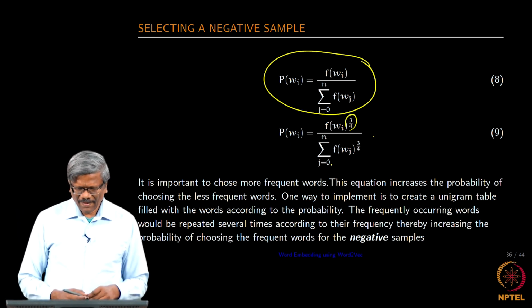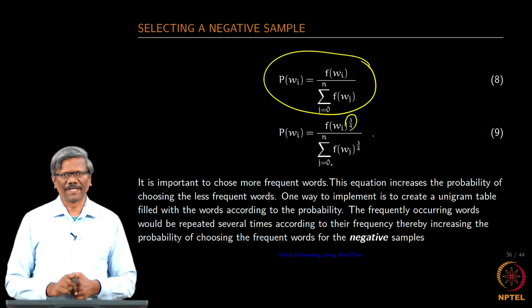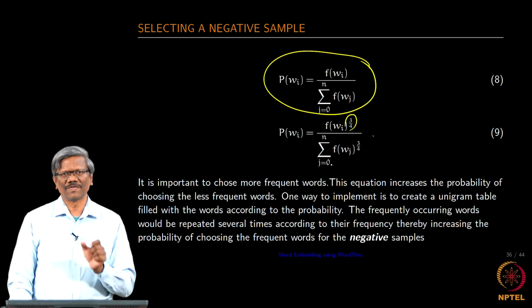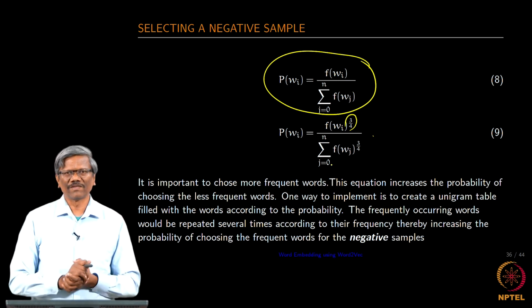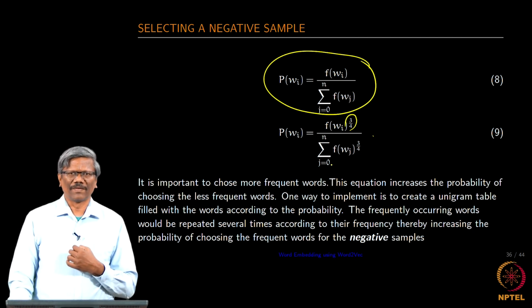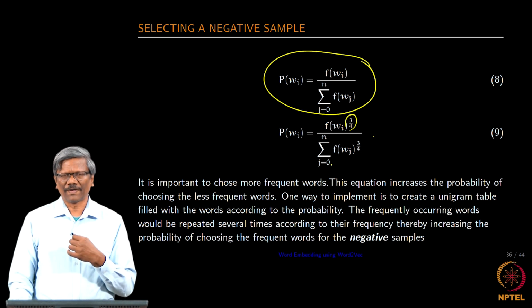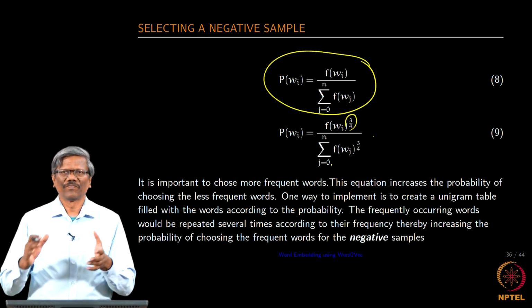And then there is another mechanism. Once you compute the probability and find out how many times a particular word appears in the entire vocabulary, you have the frequency table as well. Using that frequency table, you can find out how many times you want to repeat certain words in a table.